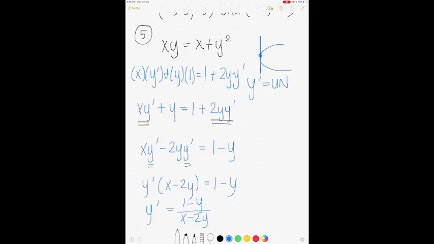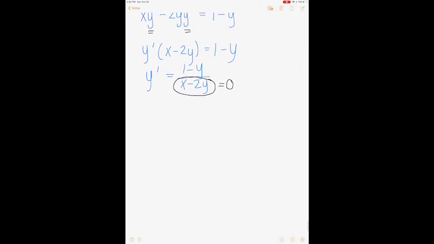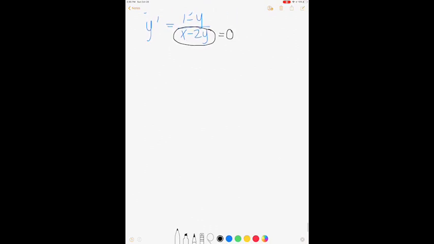Alright, on the answer key, by the way, I moved the other one over, and so it comes out the opposite, but we're still going to get the same answer. I need to know when this is undefined, so therefore I need to know when the denominator is equal to 0. So let's solve that.